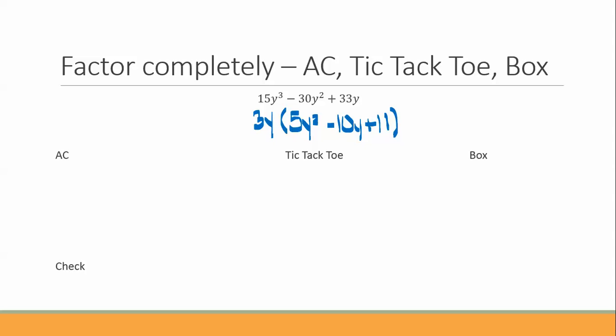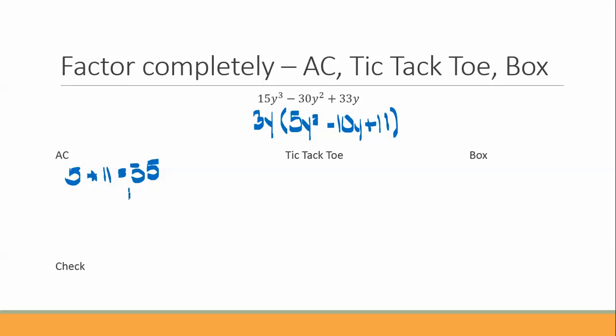When we write our final answer, using the AC method, we're going to do 5 times 11, which is 55, and the factors of 55 that add to negative 10. Are there any factors of 55 that add to negative 10? The factors of 55 are 5 and 11 and 1 and 55. So there's no factors of 55 that add to negative 10.